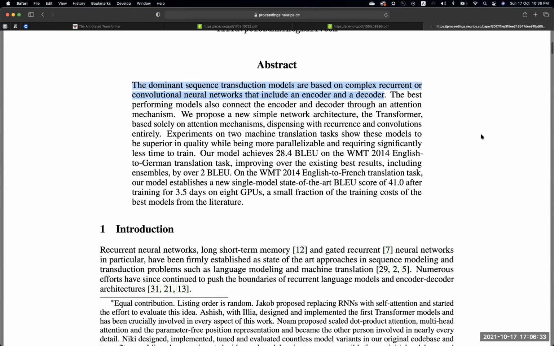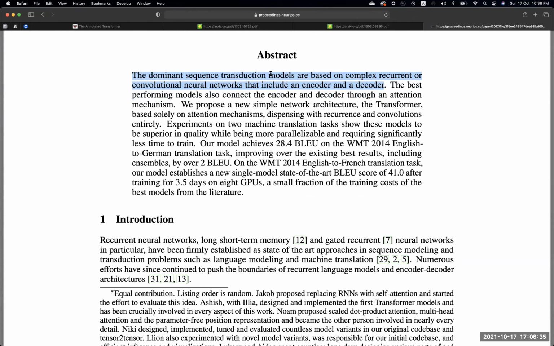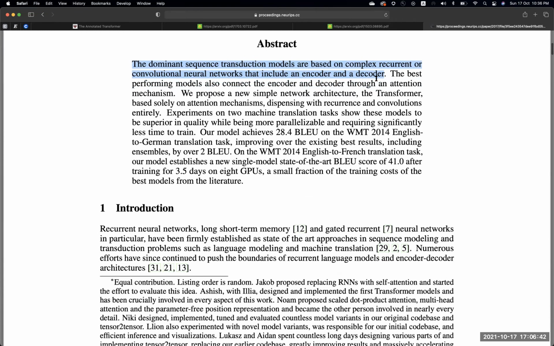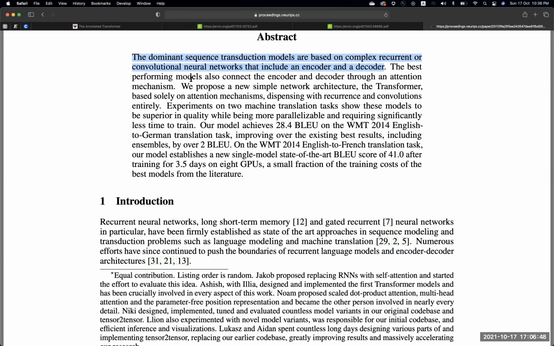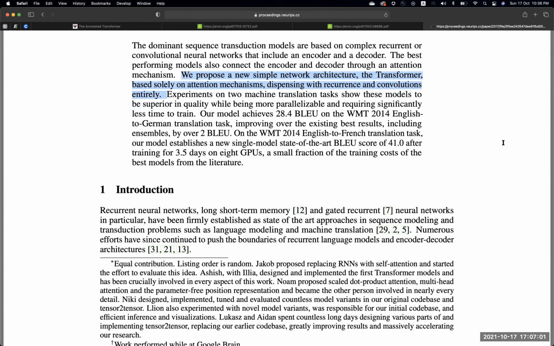Dominant transduction models, meaning those performing really well, are based on recurrent or convolutional neural networks, and they include encoders and decoders that we all know. But this paper is trying to simplify the architecture by dispensing with recurrence and convolutions. We'll see why it wants to do that.